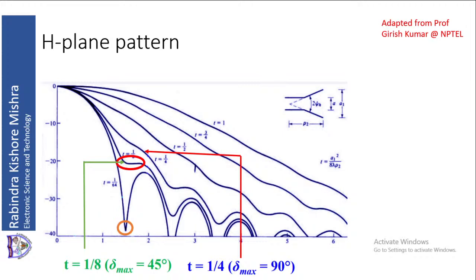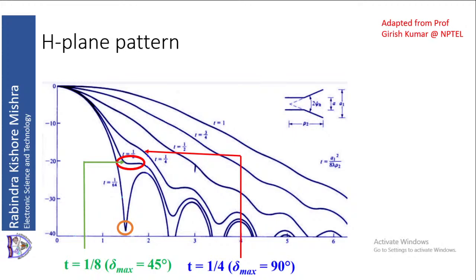Look at T is equal to 1 by 8, which is delta max is equal to 45 degree. There also you can see there is a shoulder, but that is sufficiently below T is equal to 1 by 4. Now if you go to T less than 1 by 4, then you are going to lose more energy in the undesired direction.